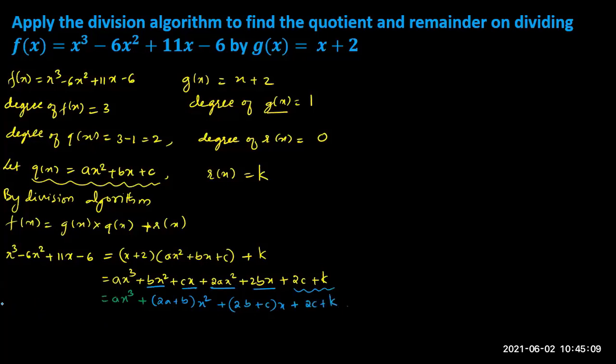So in the LHS, the thing is x cube minus 6x square plus 11x minus 6. Observe LHS and RHS: in LHS also x cube and in RHS also x cube.